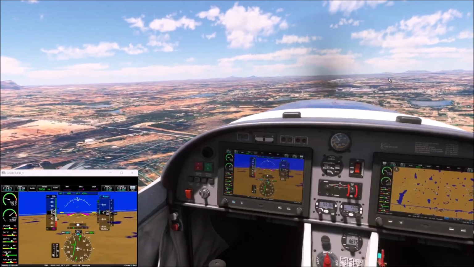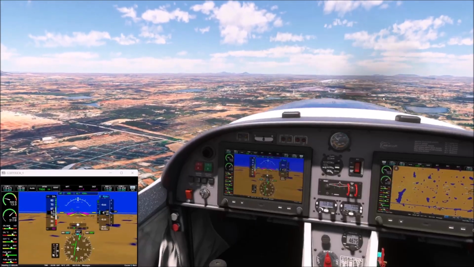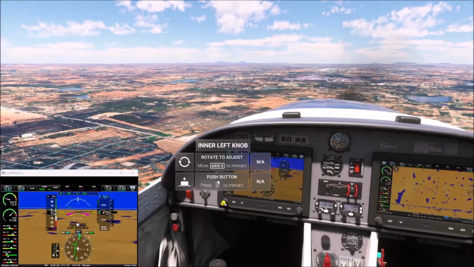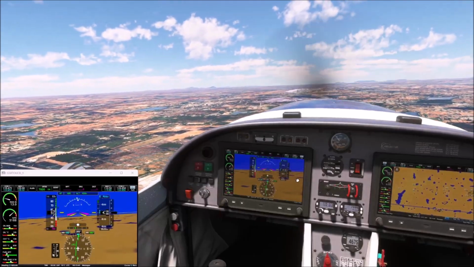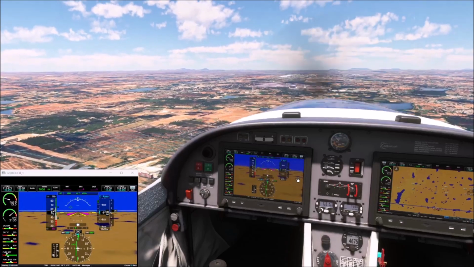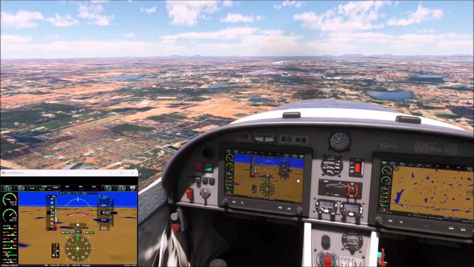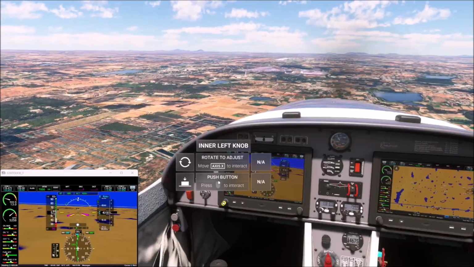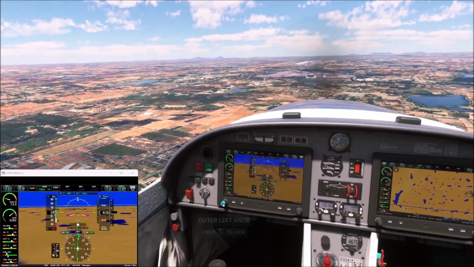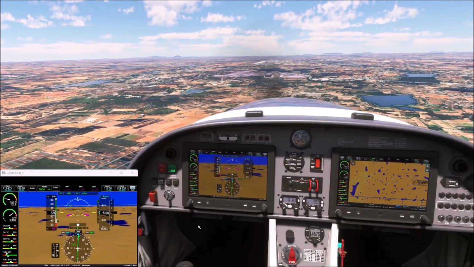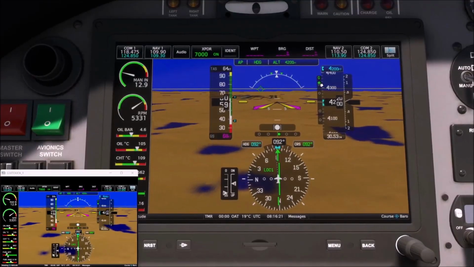The runway is right in front of us, runway 9 right. The glide slope appeared.